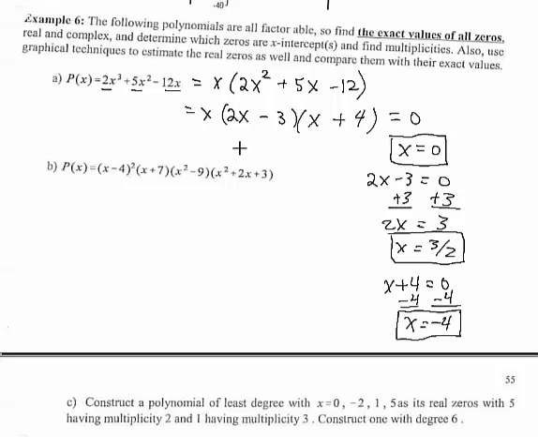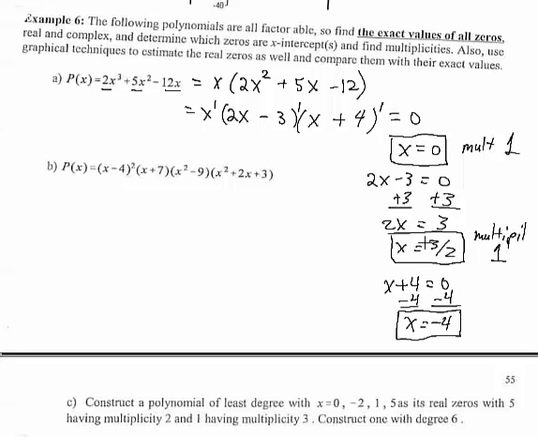So let's look at the graph. If we look at these zeros, we see the exponent for each factor is 1. So the multiplicity for each one is 1.